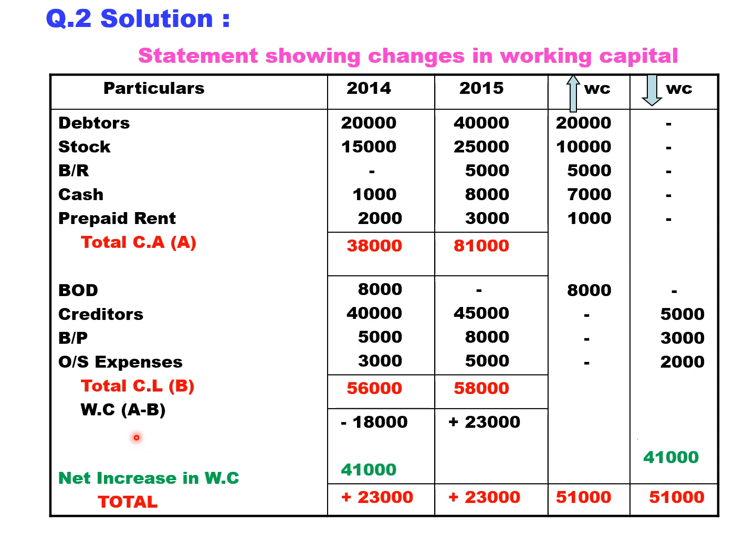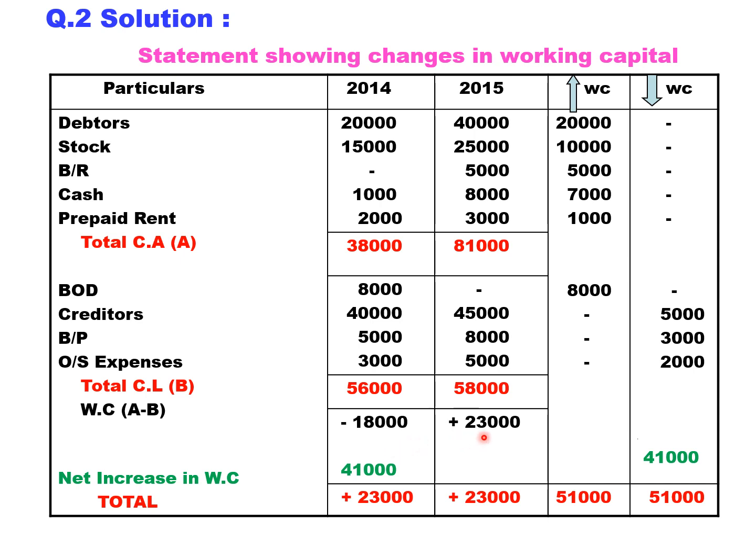And therefore you get working capital formula: current assets minus current liabilities. We get 38,000 minus 56,000. You get negative working capital of 18,000. So last year there was a negative working capital of 18,000. When you do this working in the calculator, 38,000 minus 56,000, you get minus 18,000.